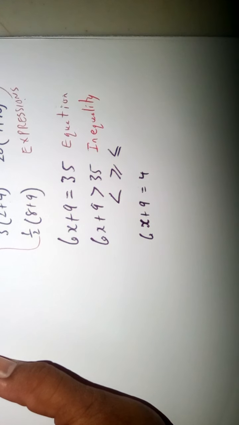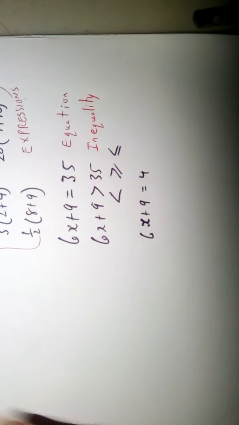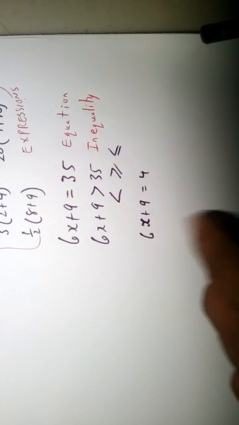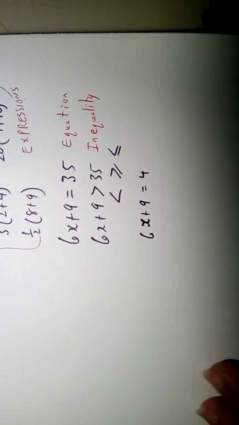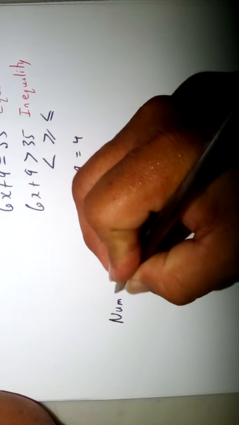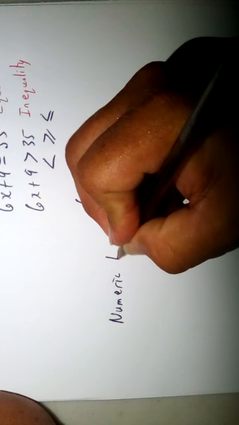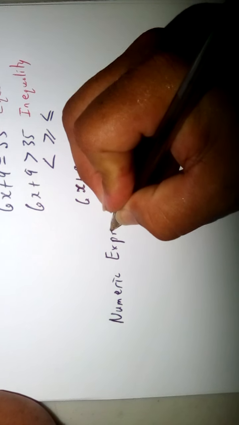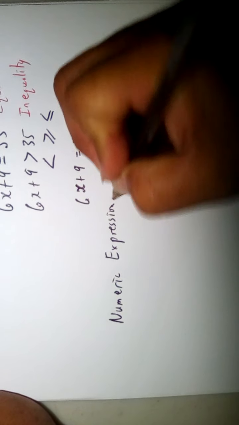Okay, so let's target the ones with just numbers, which we will call a numeric expression. Why a numeric expression? Well, because it involves only numbers.